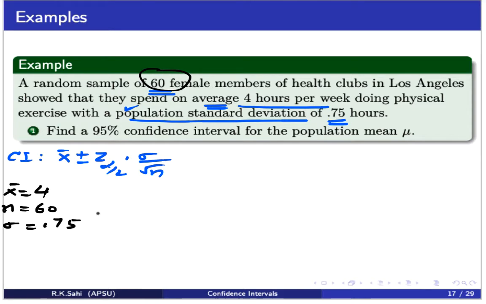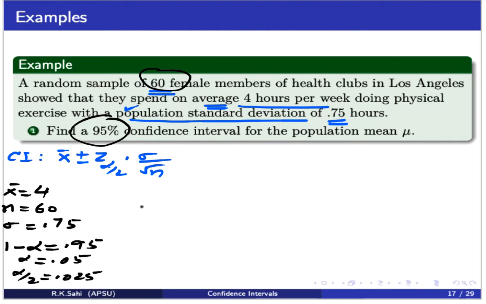Okay, so now sigma over, then we need alpha. Now to find alpha, what are we given? We're given 95%. 95% is 1 minus alpha. That's the confidence level, which is 0.95. So that means alpha is 0.05. Alpha by 2, 0.025.